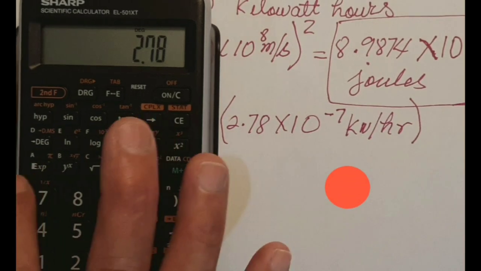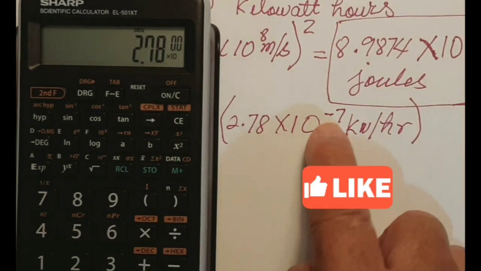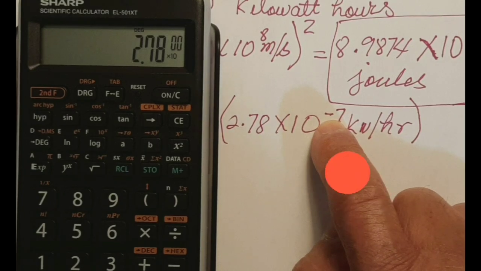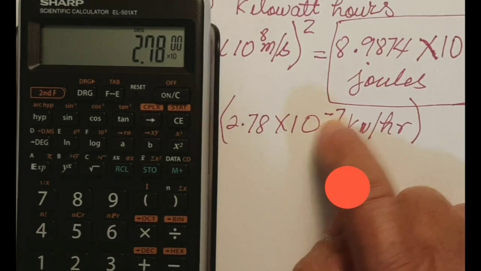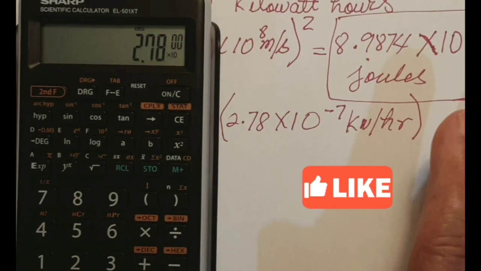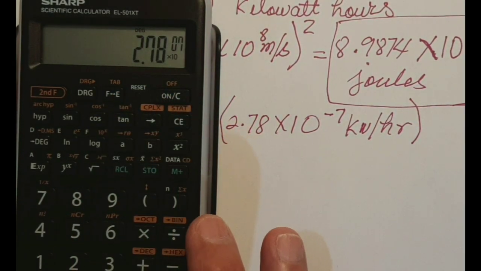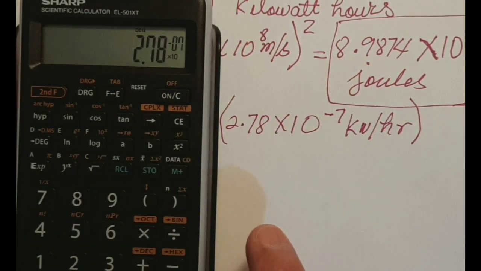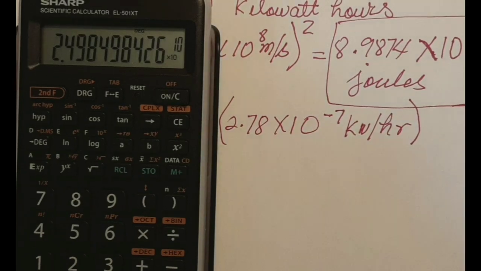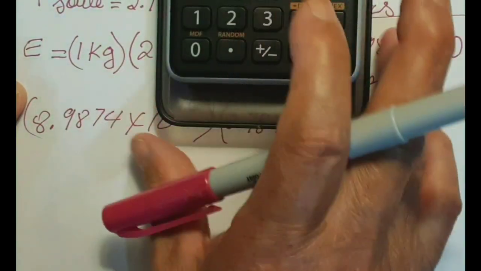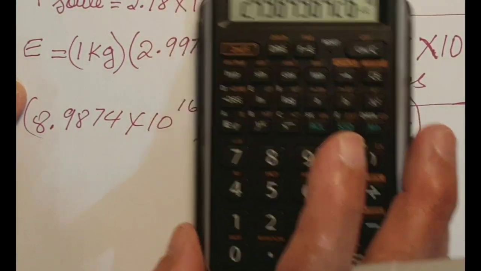Here is the exponent. It says minus 7. Again, we have to write 0, 7, and then minus, and then equals. And we have the energy converted to kilowatt hour. That's how it says here.